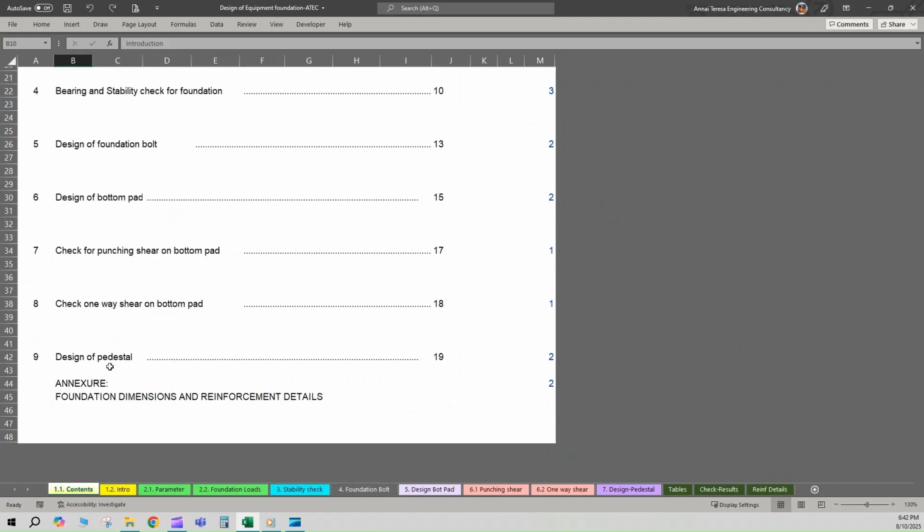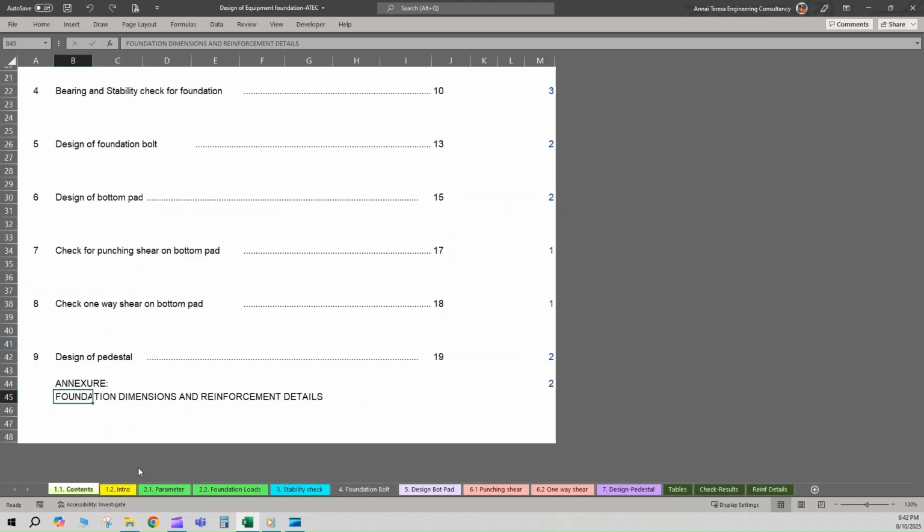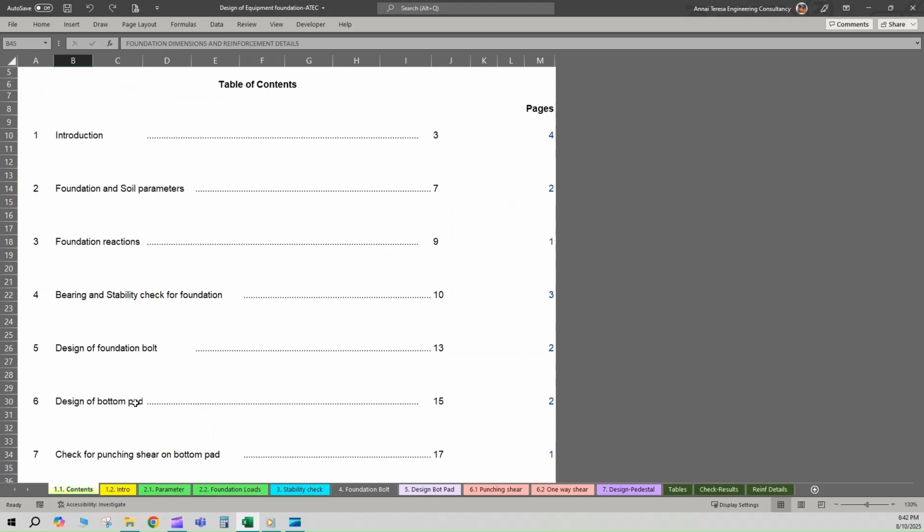All this information we can see in the introduction part. And finally in the annexure part we can find images of the output of the calculations including the reinforcement details. So overall this 22-page calculation will cover the equipment foundation design calculations.